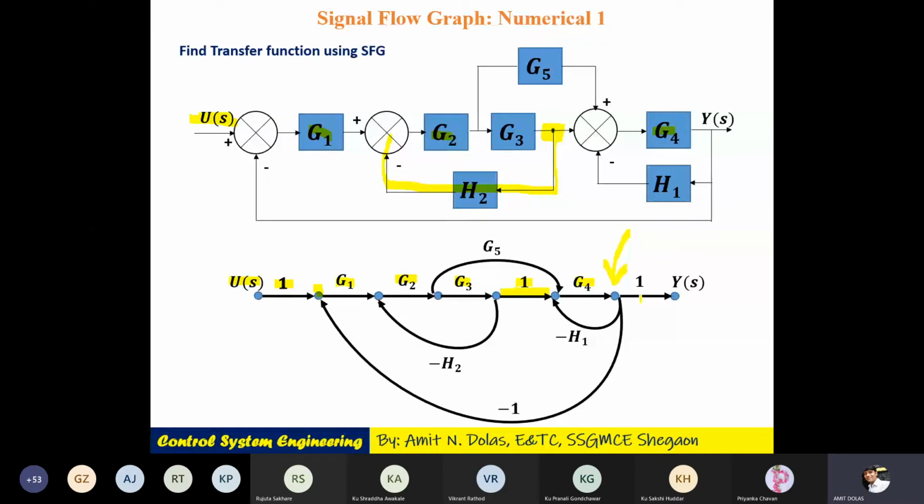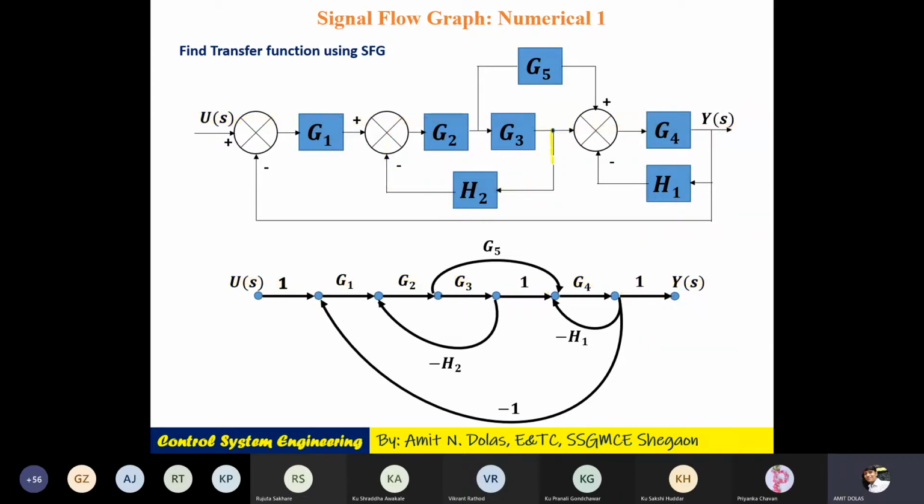But for better visibility, I used one branch with gain 1. Again, that doesn't change the output. And then I have written Y of S. So you can see this is the straightforward path I have drawn with a particular number of nodes.